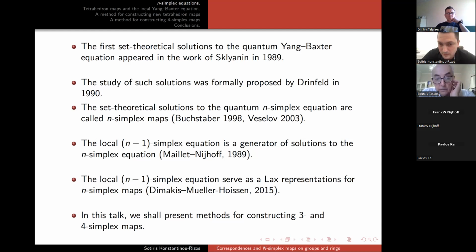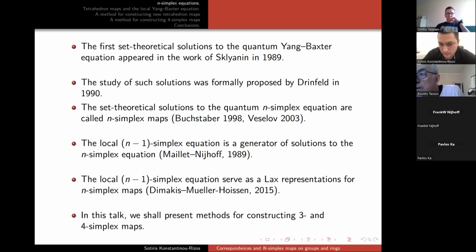Dimakis and Müller-Hoissen in 2015 wrote very precisely what these equations look like, and we will show them in a bit.